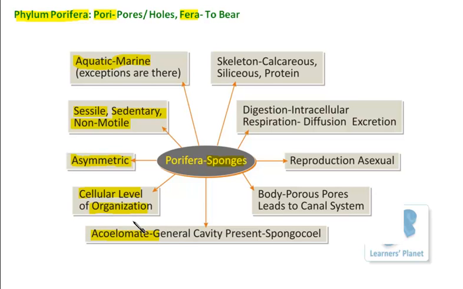But a cavity is actually present, though it is not related to the germ layers. Rather, they have an inner general cavity or space, and that cavity is known as the spongocoel. Spongo relates to the word sponges, and coel to the coelom or cavity. So the cavity present in these sponges is known as the spongocoel.